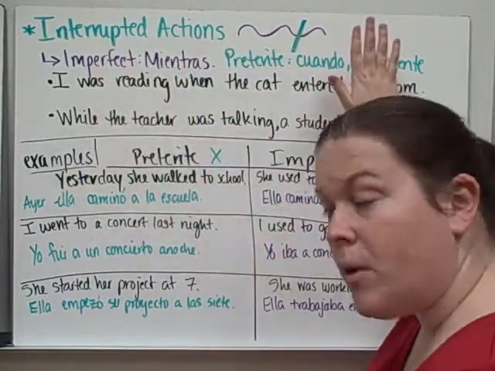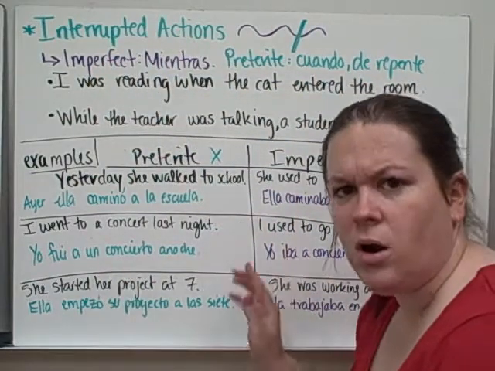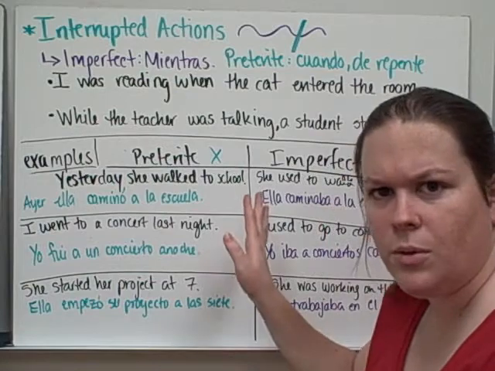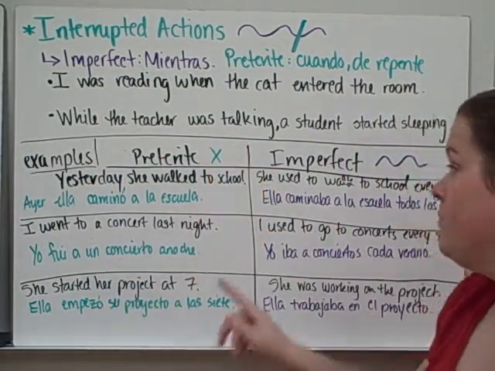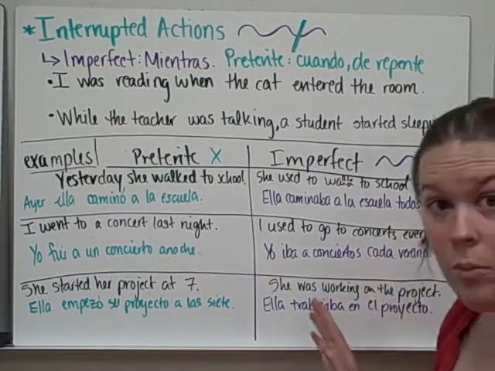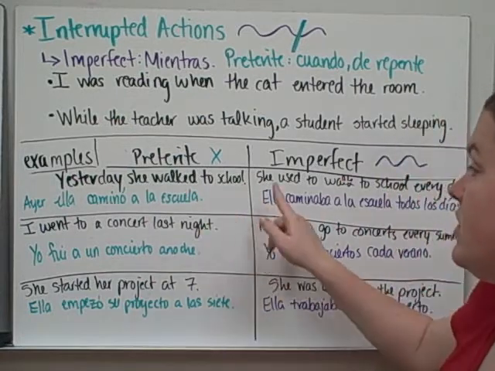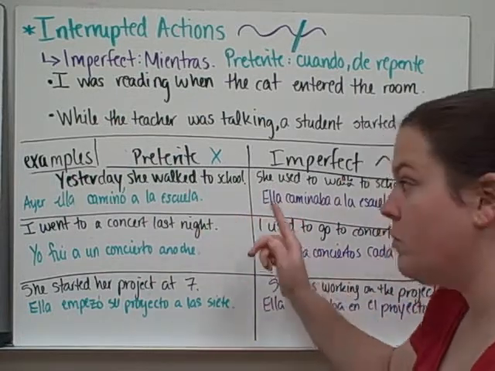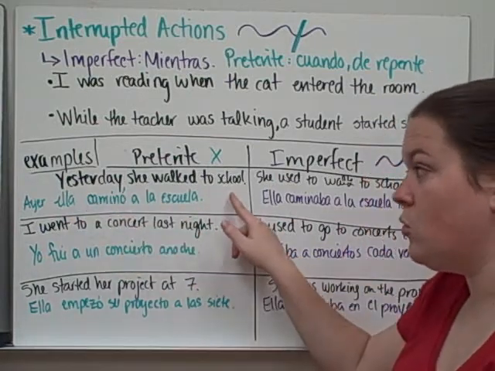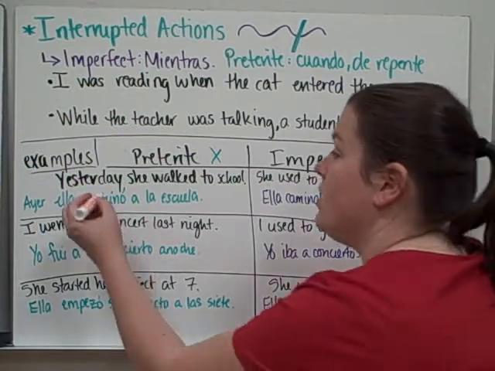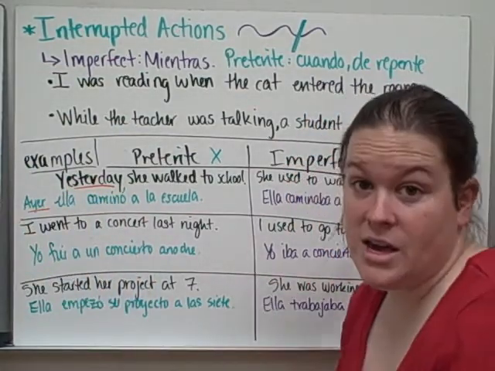Now ignore this top part. I want you to look at the bottom part first, because this is a little easier right here. All right, these are all preterites, see they're all green, and these are all imperfect, they're all purple. So this is the same type of example, but used in different contexts. Okay, yesterday she walked to school. The clue word here is yesterday, or ayer.